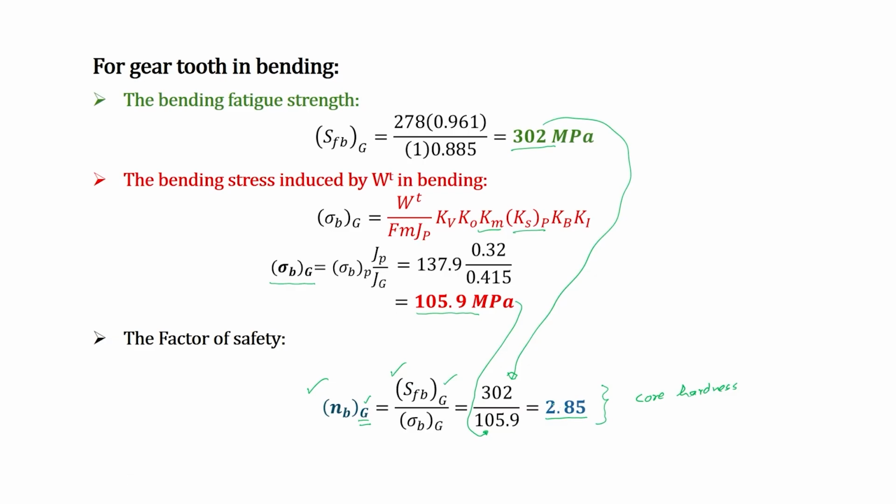To make it equal to 2, we have to increase this one, and this can be increased by decreasing the face width, and others, or we can decrease the strength, and strength can be decreased by decreasing the core hardness.